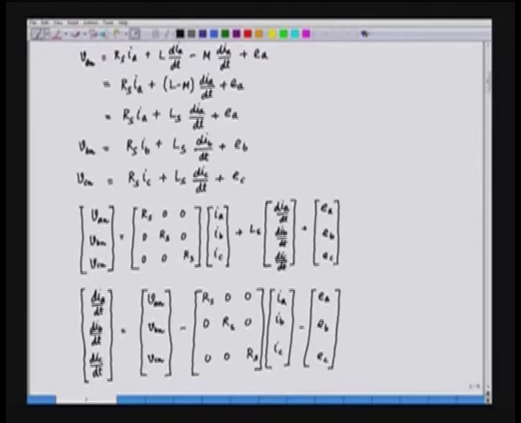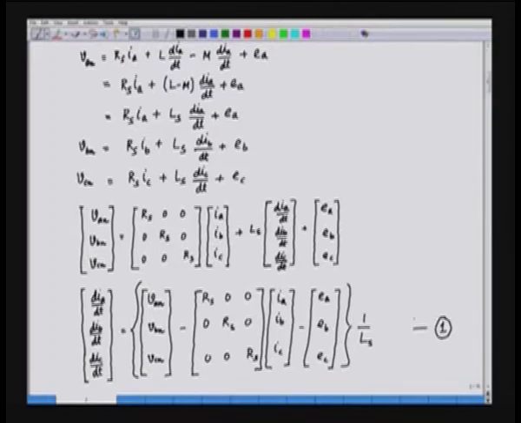Of course, we have an LS here. LS can be taken to the right hand side, so we multiply by 1 by LS. Let us call this equation number 1.